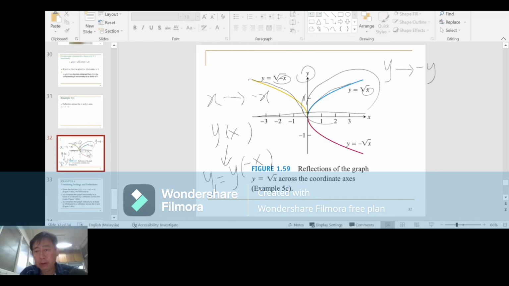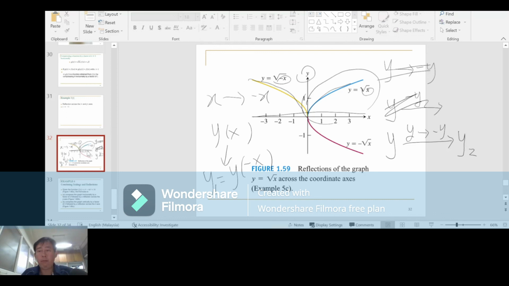Right? So let me write it in a more formal manner. If you have a function y, maybe I should write this as y to be transformed into a new function. I call it y2, where y2 is obtained by replacing values of y by minus y.